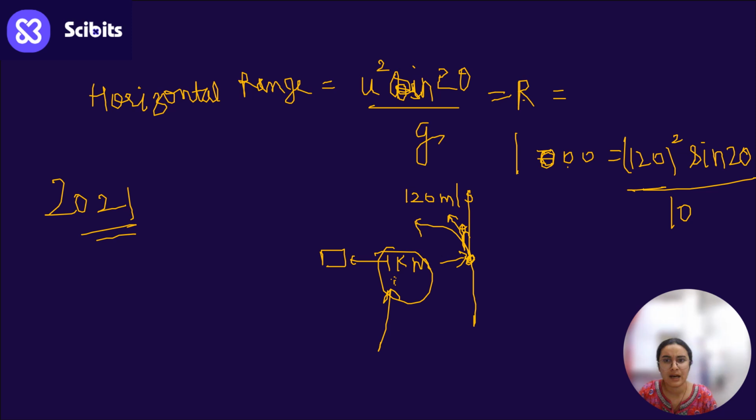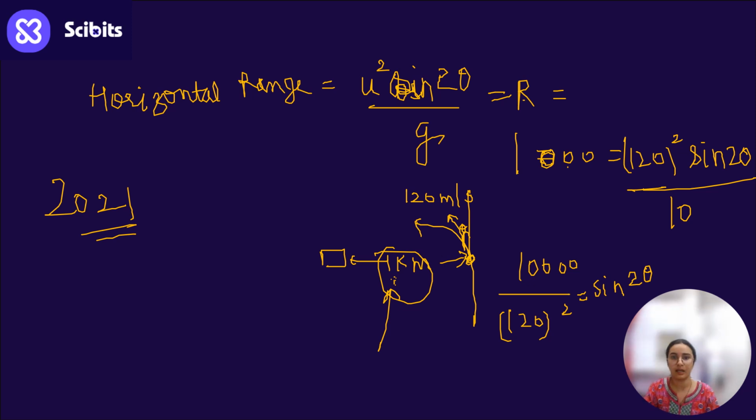Now this is 1000 multiplied by 10, that is 10,000. 120 squared is equal to sine 2 theta. By the way, you will have a calculator at that point, so you simply have to divide these two and then take the sine inverse.